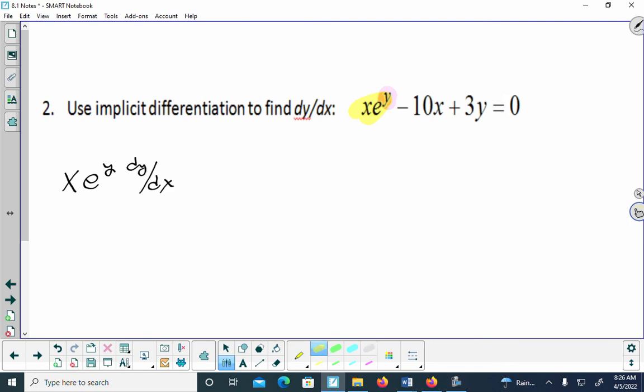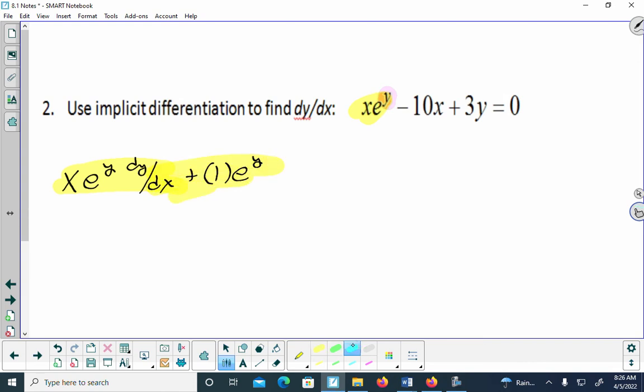So this whole thing is the derivative of that term there. Then I'm going to do a product rule. I'm not done. So then I'm going to do plus, and then take the derivative of x, which is just 1, and then leave that e to the y alone.